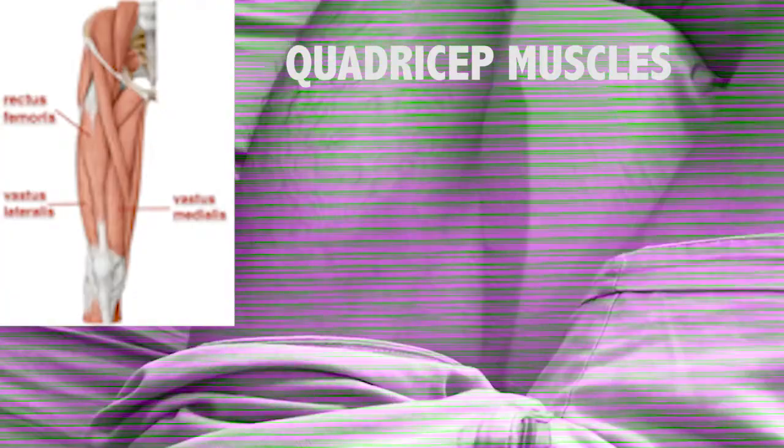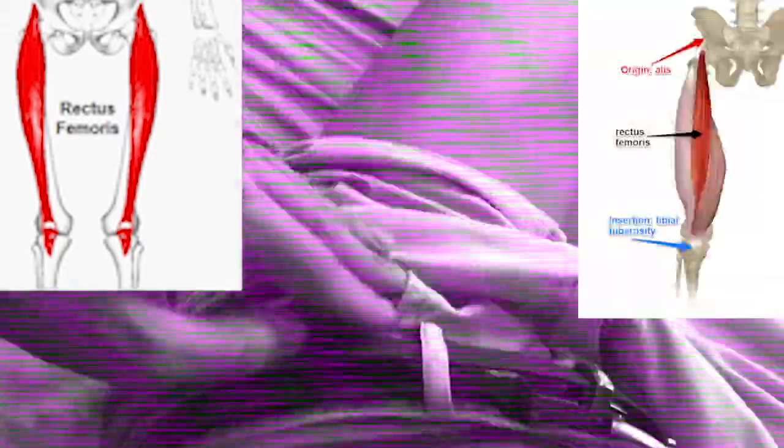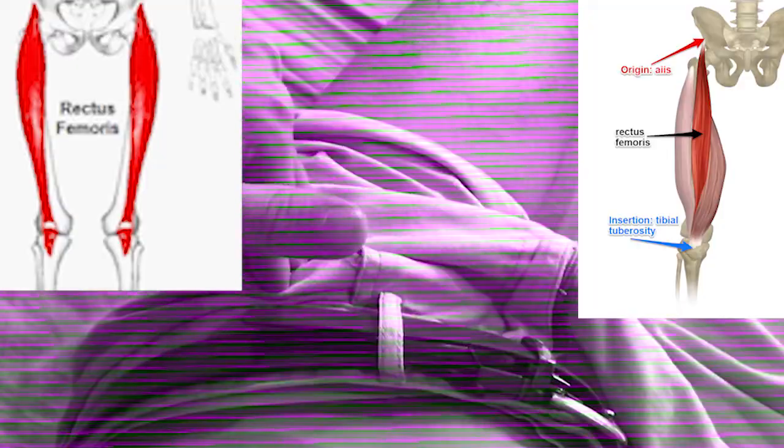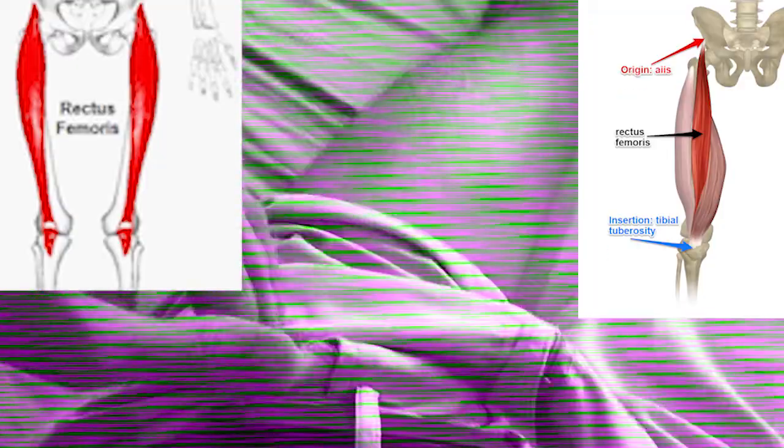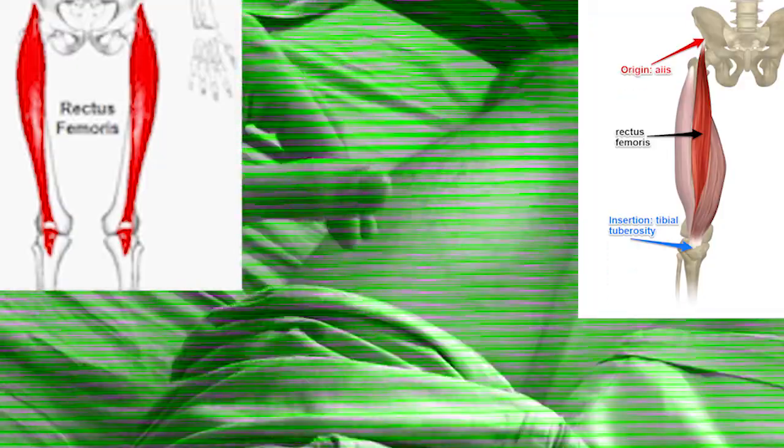So moving on to the next group of muscles, the quadriceps muscles. So let's start with the rectus femoris muscle. The rectus femoris muscle is one of the four quadriceps muscles of the human body. The rectus femoris muscle has two origins at the anterior inferior iliac spine of the pelvis and the upper margin of the acetabulum.